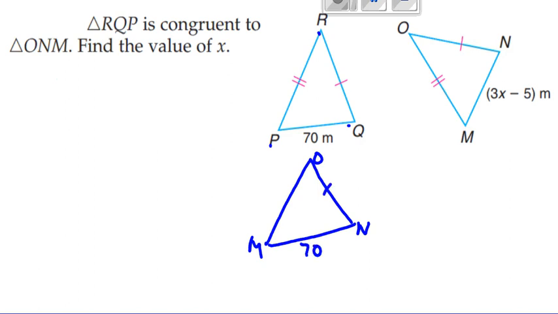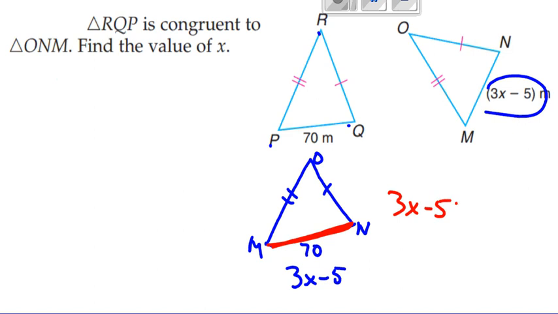That means these two are the same measure, which means NM over here is 3x minus 5, which down here I have 3x minus 5. So I know that this side length right here is equal to 70. It's also equal to 3x minus 5, so that's my equation. And you could go ahead and solve for x from there.